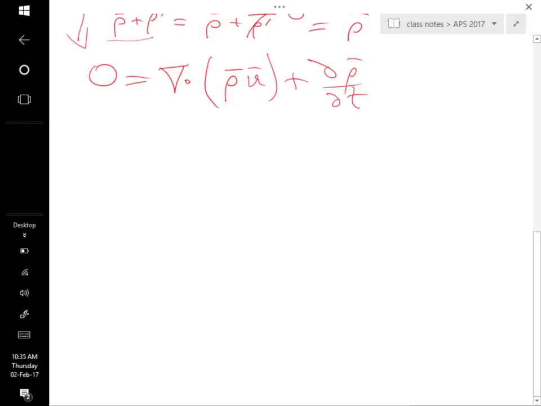And so for momentum, this is mass, and now we'll do momentum.